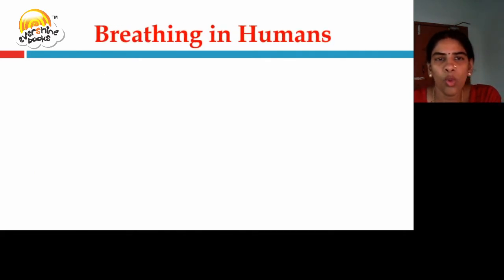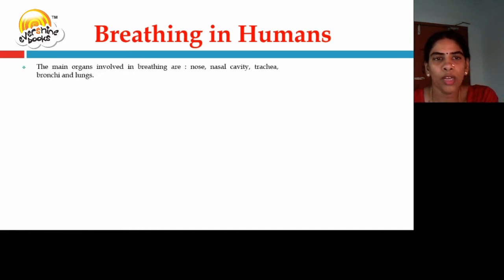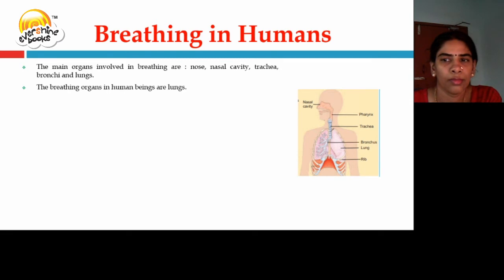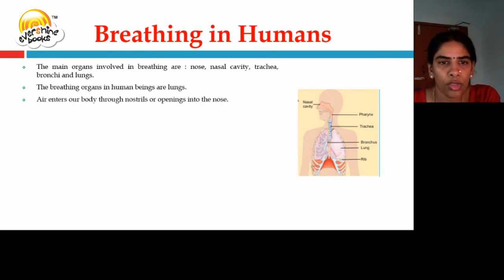Let us see how breathing takes place in humans. The main organs involved in breathing are the nose, nasal cavity, trachea, bronchi, and lungs. The breathing organs in human beings are lungs. Air enters our body through nostrils, that is, openings into the nose.